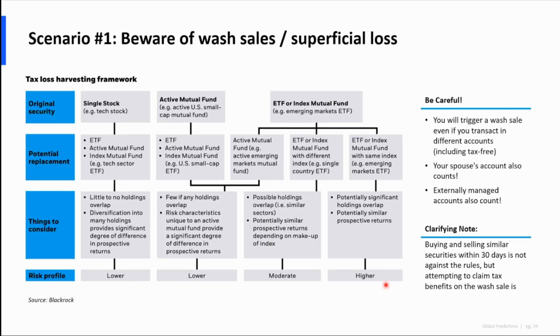Things that are definitely okay: selling one stock and buying a completely different stock, right? Like if I sold Microsoft and bought Apple, definitely okay. Whether that fits in your portfolio or is what you want to do is another question. What tends to be not okay, and then everything else is different degrees, is to sell an ETF and buy something on the exact same index.